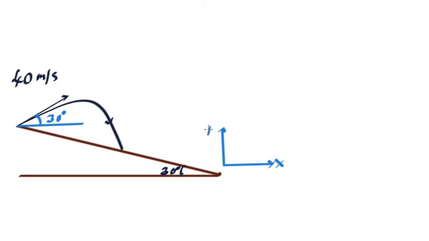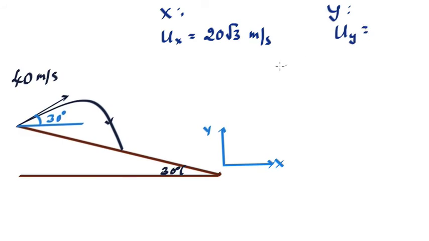In the x direction, the initial velocity has a component 40 cos 30. Cos 30 is root 3 by 2, so that is 20 root 3 meters per second. In the y direction, the initial velocity has a component uy equals 40 sine 30.